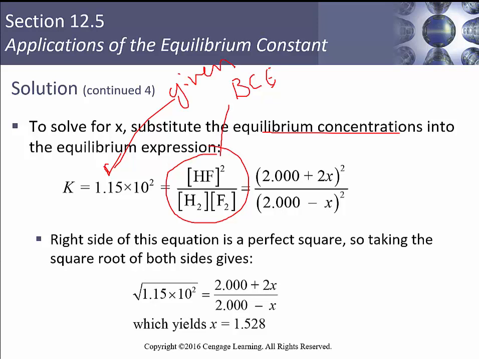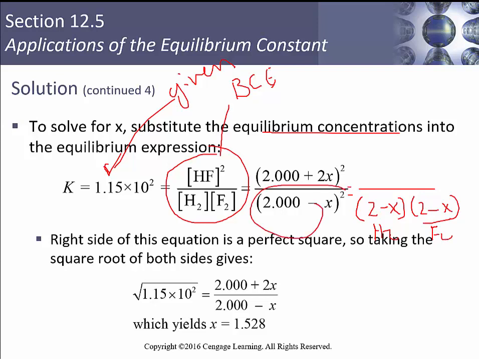We know that our concentration of HF is 2 plus 2x, and our concentration of H2 is 2 minus x, and our concentration of F2 is 2 minus x. So really they're just grouping the 2 minus x for the H2 and the 2 minus x for the fluorine together and combining them.